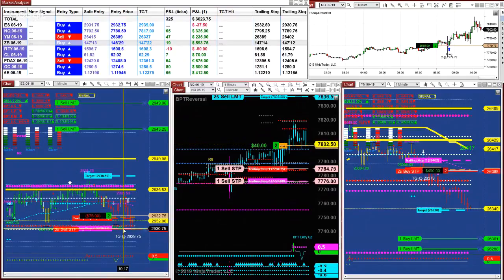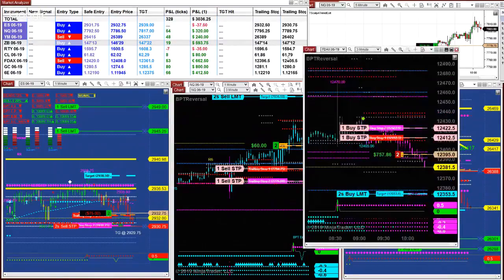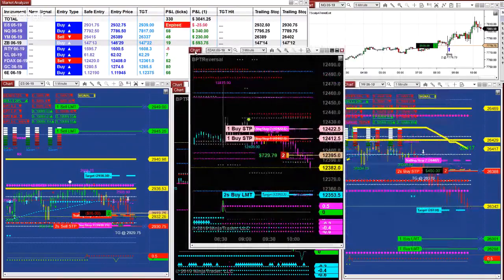Okay, we need to break that area. For the DAX, we are about to hit 1,000 on that call.